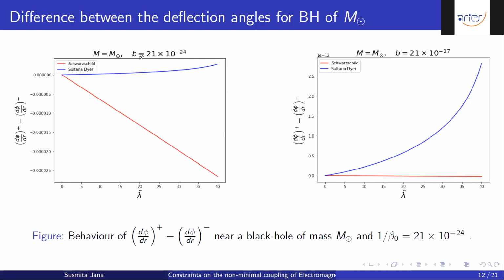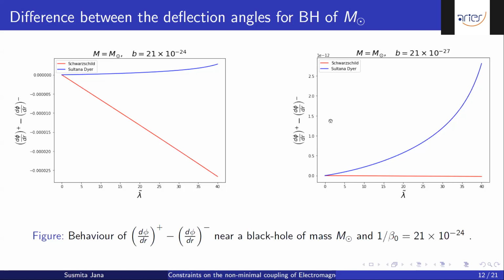For the higher value of b, when the impact parameter is low, the difference between the deflection angles for Sultana-Dyer is lesser than the Schwarzschild one. But when the value of b is low, that means the impact parameter is higher, then the value for the Sultana-Dyer black hole is higher than the Schwarzschild.